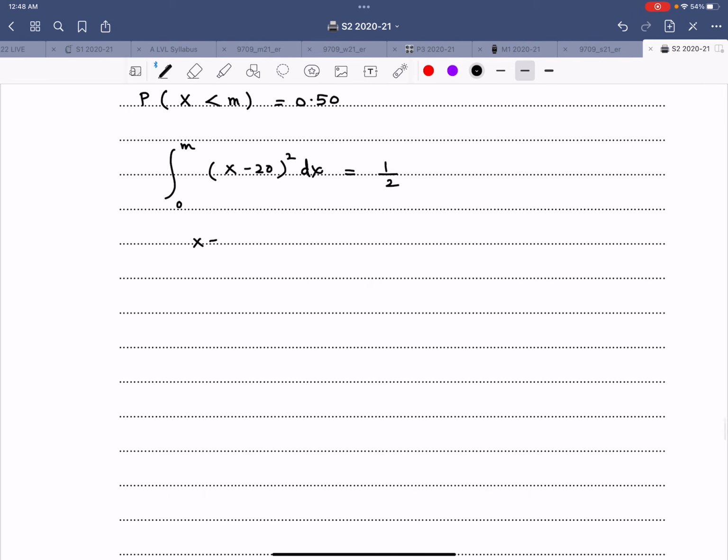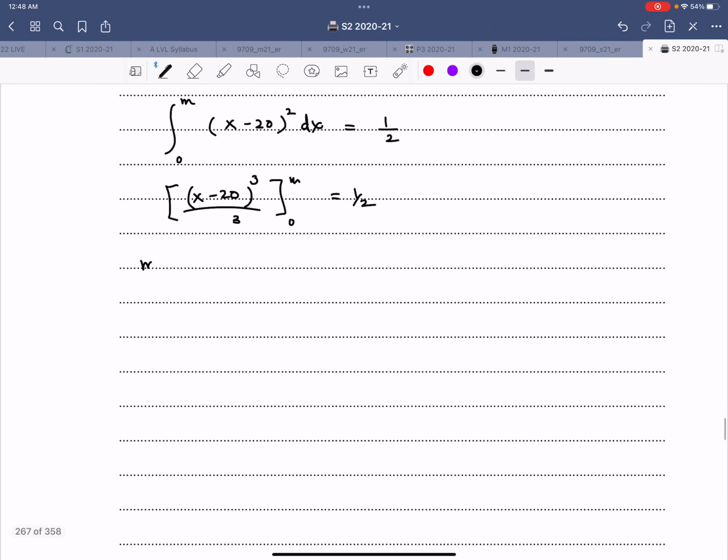So this is (x minus 20) power 3 divided by 3, between the limits 0 and m, equals half. Let me plug in the upper limit, m minus 20 the whole thing cube, shift 1/3 on the outside, minus 0 minus 20 the whole thing cube equals half.